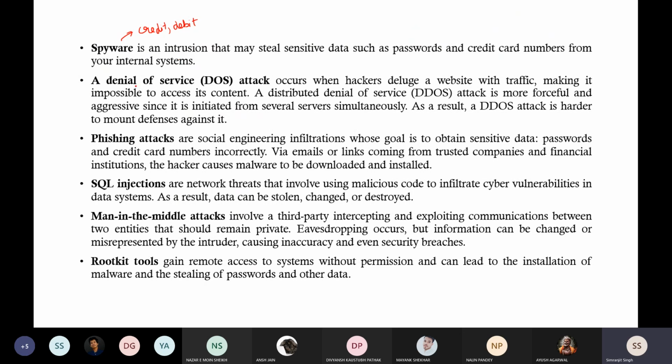Another thing is DoS attack, that is denial of service attack. What happens is that a particular user is surfing a website, and this particular third party sends a lot of traffic to this website so that the website is down. This is referred to as denial of service because the website is dealing with a lot of traffic, so when you try to log into it, it will deny your service.